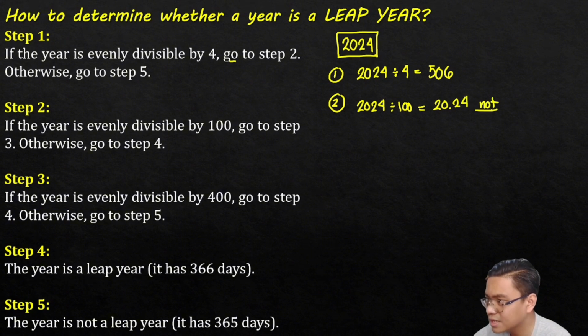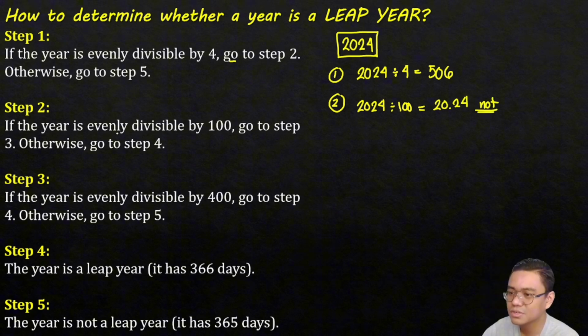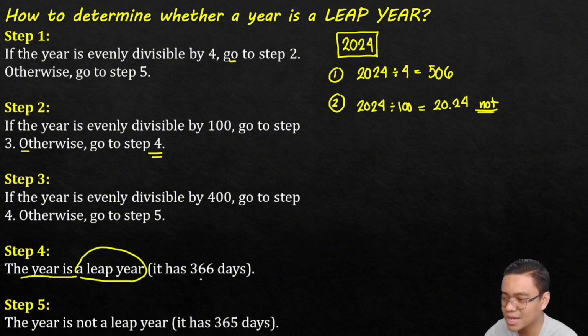Not evenly divisible. So, otherwise, go to step 4. So, where is the step 4? Sabi dito, the year is a leap year. So, it has 366 days. Kaya po, sa 2024, sa February po, meron tayong 29.